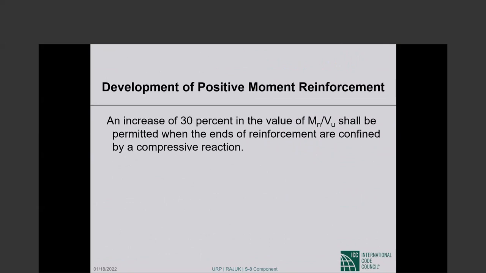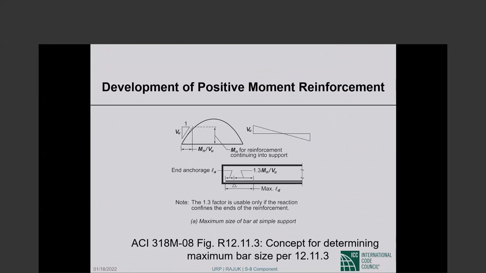An increase of 30% in the value of M sub N over V sub U shall be permitted when the ends of reinforcement are confined by a compressive reaction. Okay. So this is in picture. So we are at a support.